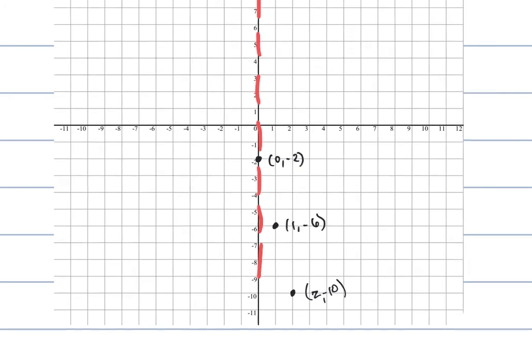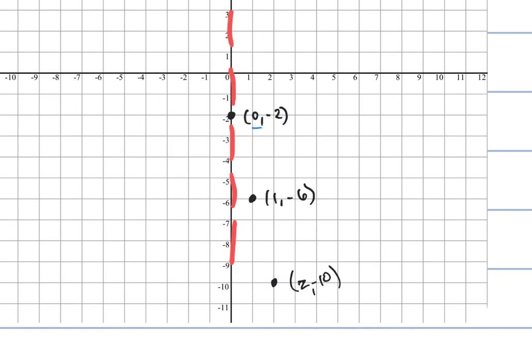So underline all of your x values of your coordinates, 0, 1, and 2, and change their sign. So 0 is neither positive nor negative, so that one's just going to stay the same. 1, -6 is going to become -1, -6. Yep, and then the last one's going to be -2, -10.